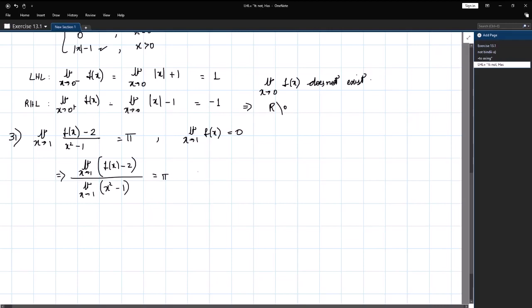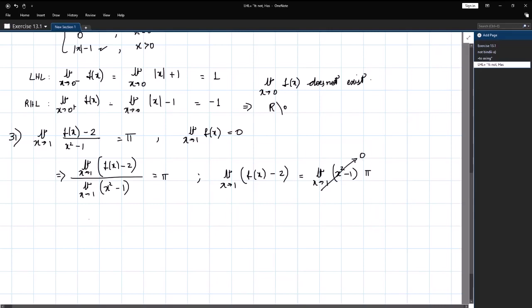pi. So if we send the denominator to the right hand side, we'll have limit x tends to 1 of f of x minus 2 is equal to limit x tends to 1 of x square minus 1 into pi. So if we substitute here, 1 minus 1 will be 0.